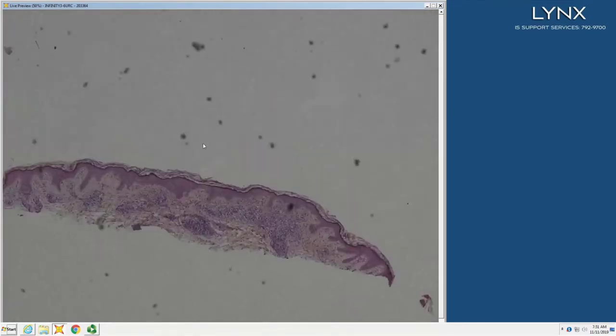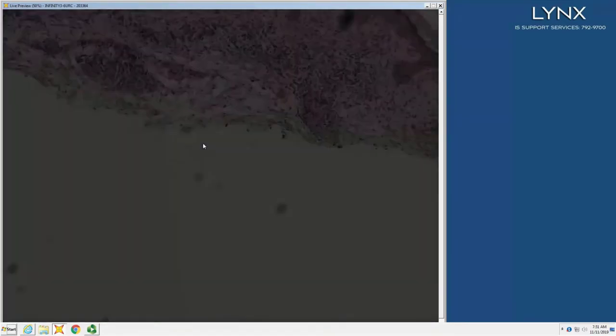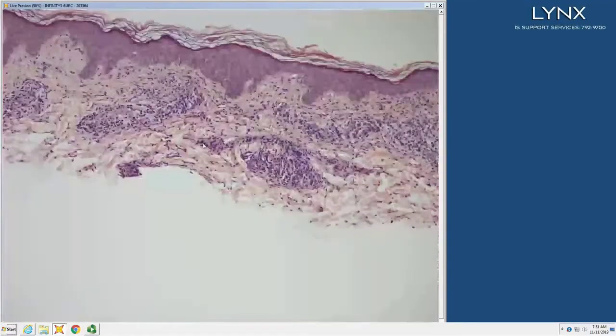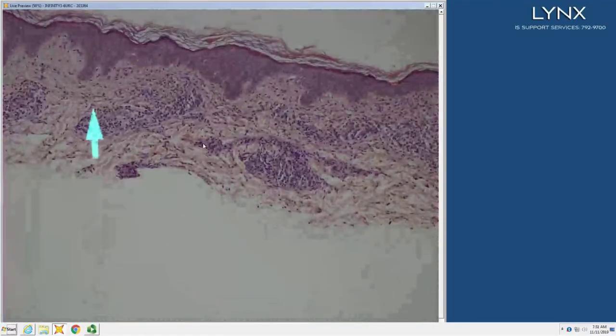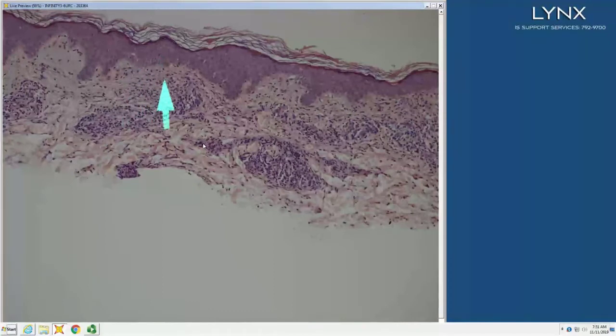So, just to see the spectrum of disease. This is also syphilis. In this case, there's a little bit of spongiosis, barely a little bit of interface. You do have plasma cells. You don't have prominent lumen to the vessel, so you have endothelial swelling.